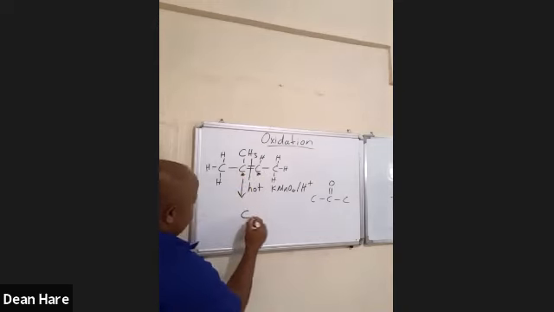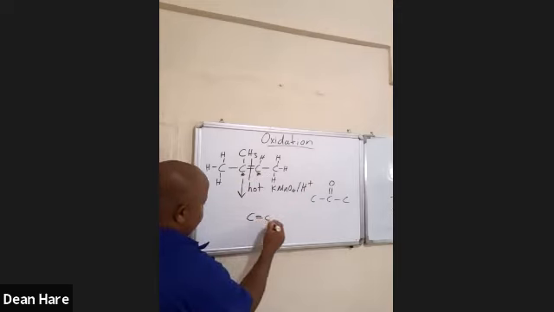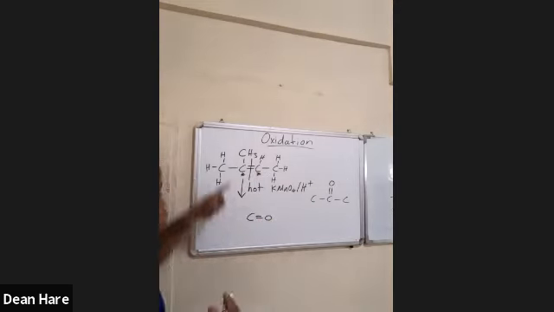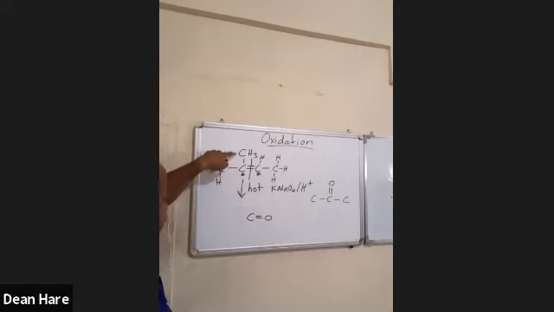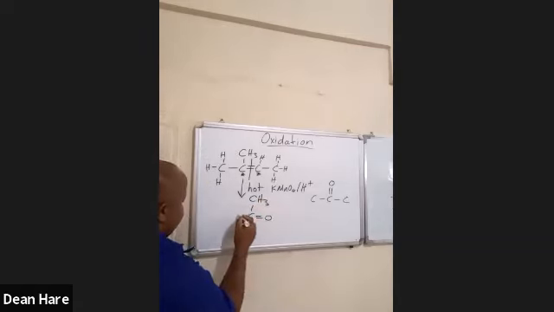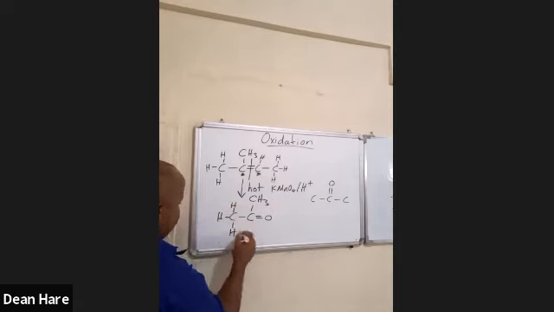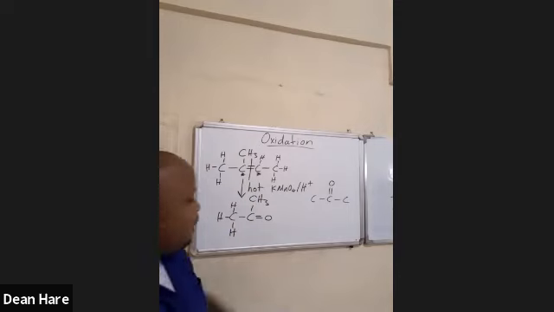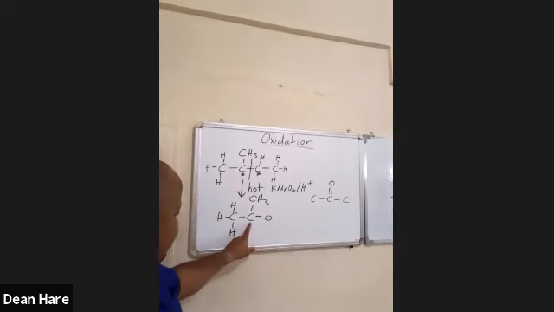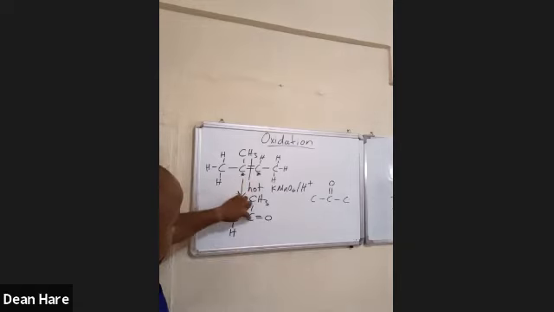This one, again, C double bond O. And then we just put back what was already there, which is CH3 and CH3. Remember we said the simplest ketone is the carbon bonded to oxygen with two carbons attached to it.